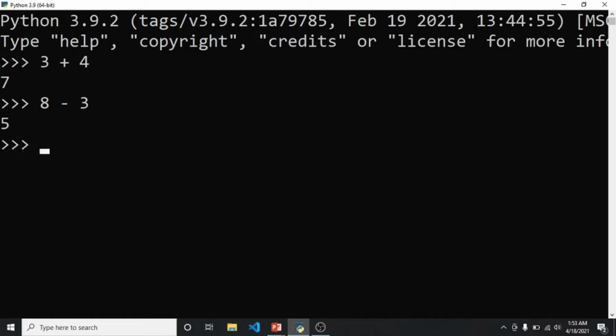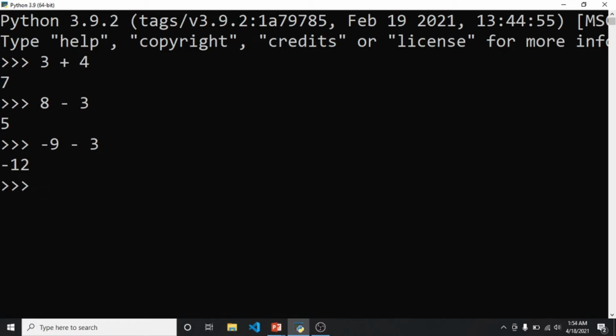And pwede rin tayong gumamit ng unary operator as we discussed kanina. So, negative 9 minus 3 is equivalent to negative 12.